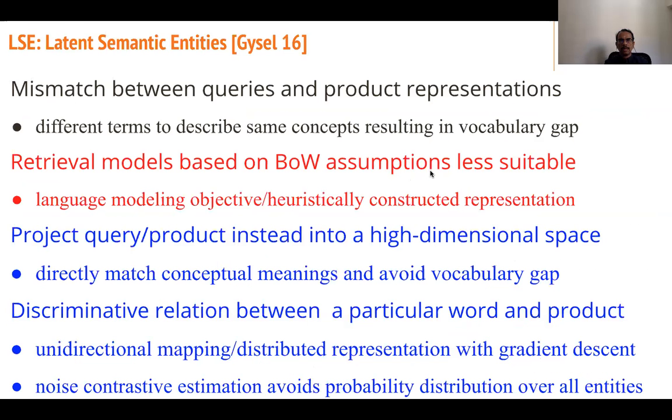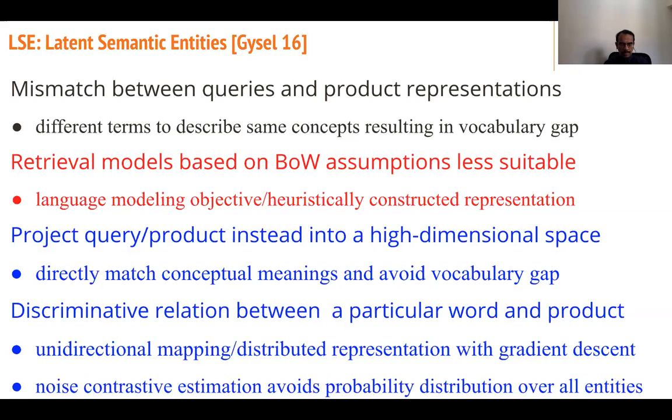So next, let's talk about something which happened in 2016, what is called latent semantic entities. Basically, in product search, there's a mismatch between queries and representations. Different terms describe the same concepts, resulting in a vocabulary gap.